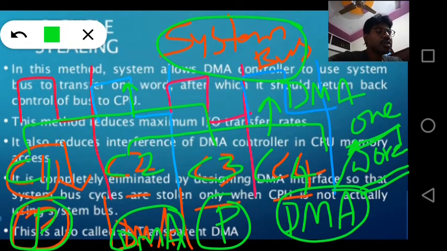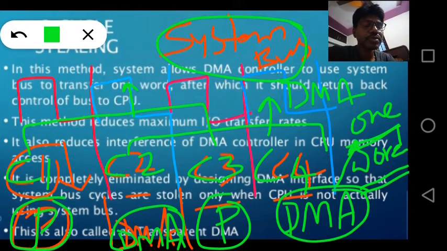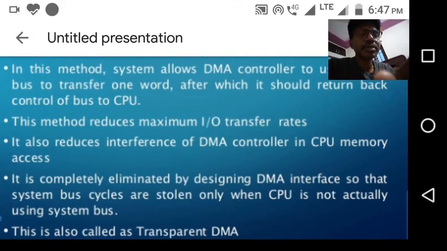And there is also a third approach, which we call transparent DMA. In that technique, what happens?